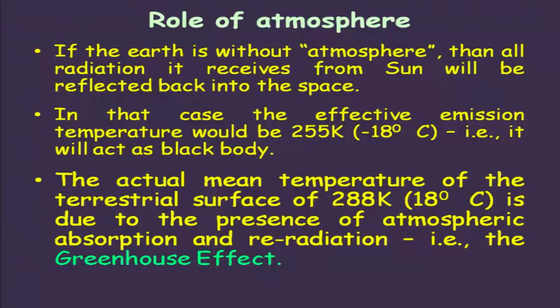The actual mean temperature of the terrestrial surface, 288 Kelvin, that is 15 degrees centigrade, is due to atmospheric absorption and re-radiation, that is the greenhouse effect. Because of that we have a temperature which supports life on the earth's surface. Otherwise everything would act as a black body.